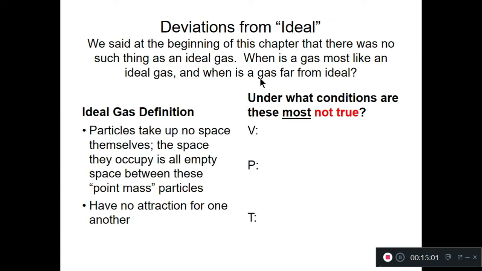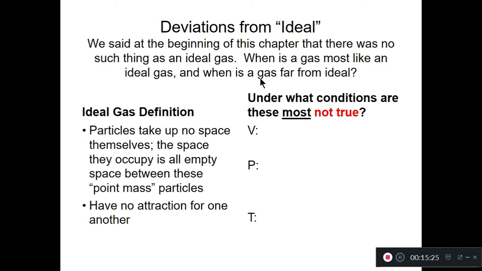So going back to our original assumptions, we talked about the particles taking up no space, being point masses, having no attraction for one another, and having perfectly elastic collisions, so they don't stick together. Those are the two things that tend to break down under certain conditions where that's really not a valid assumption.